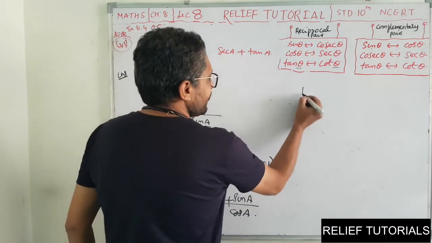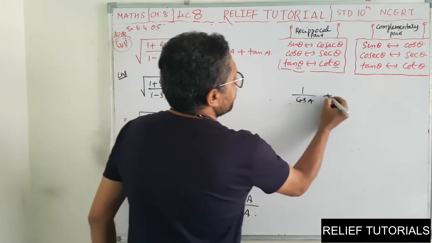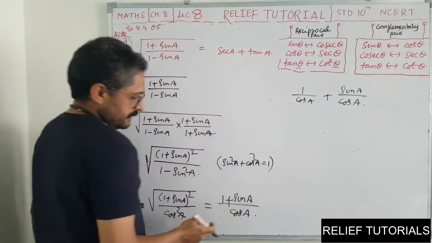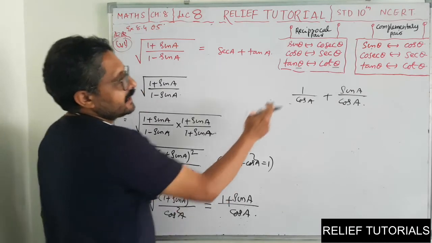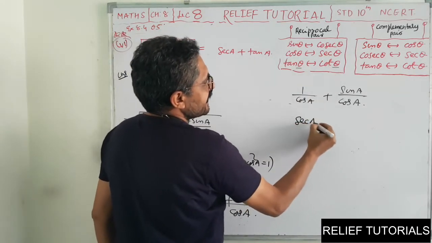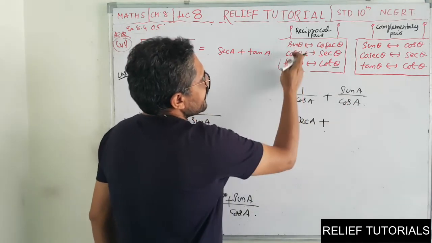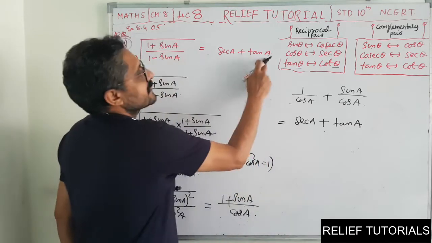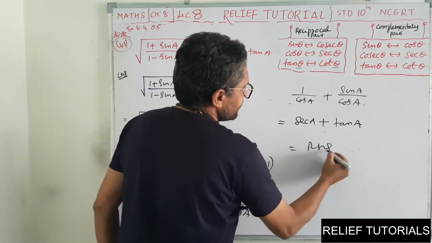So I can write here 1 upon cos a plus sin a upon cos a. Now 1 upon cos theta is equal to sec theta. So I can write here sec a plus sin a upon cos a. So sin a upon cos a is tan a. So that is equal to tan a.